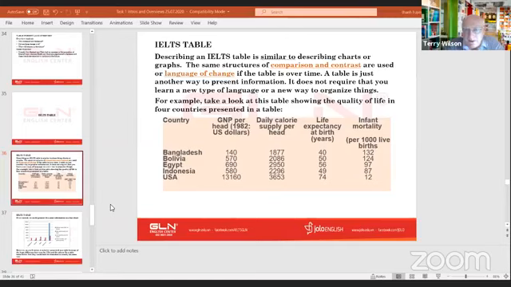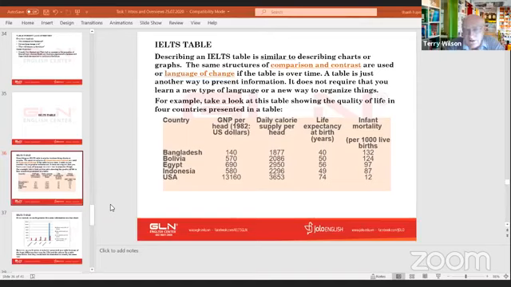And infant mortality, so that's how many babies die soon after birth. And the numbers for the USA are significantly lower. When you compare the USA with Bangladesh, it's a difference of a factor of 11. Same with Bolivia. And even with Indonesia and Egypt, it's a difference of a factor of about 8.